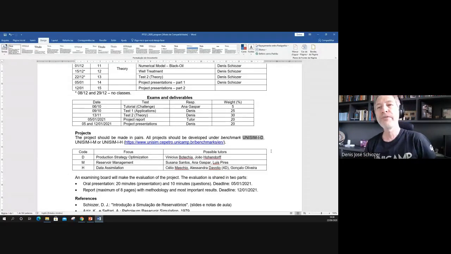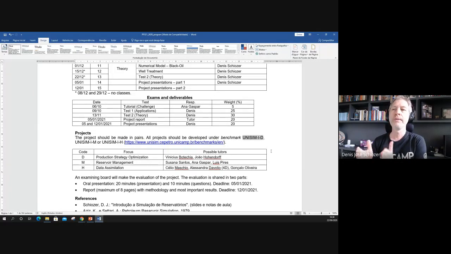If you have a thesis or dissertation based on simulation and you want to select a different model, please let me know as soon as possible. We can try to select a different project for you. But most of you, especially those who are not very familiar with the simulator, will use Unison 1 because it's a very easy model.